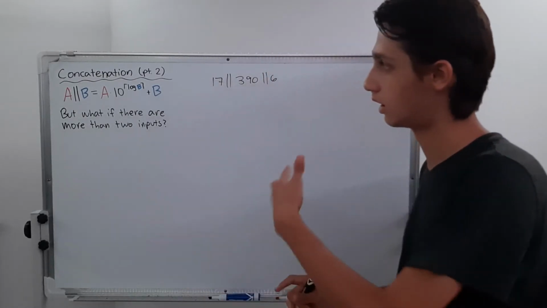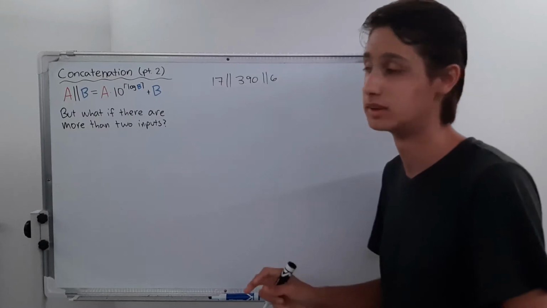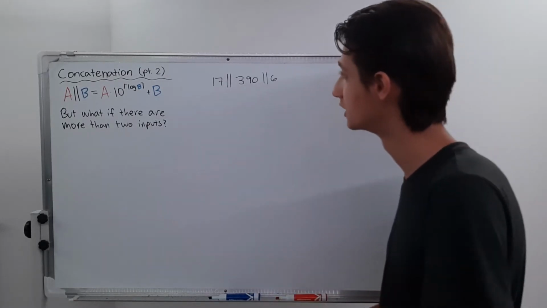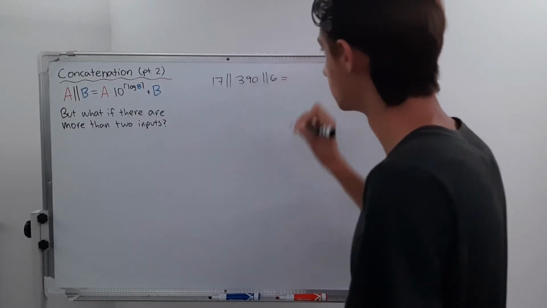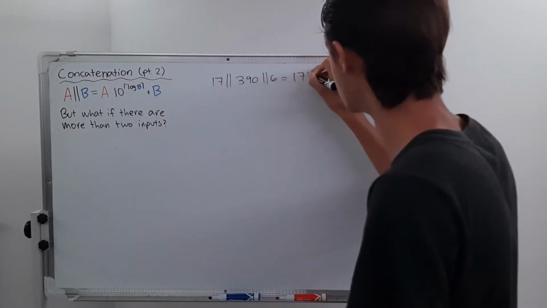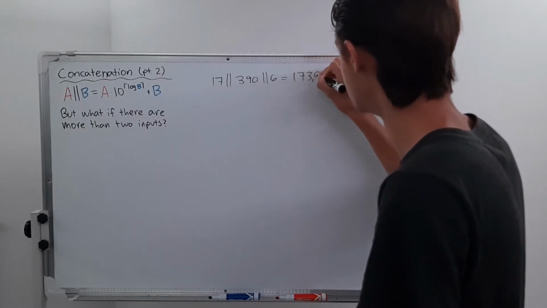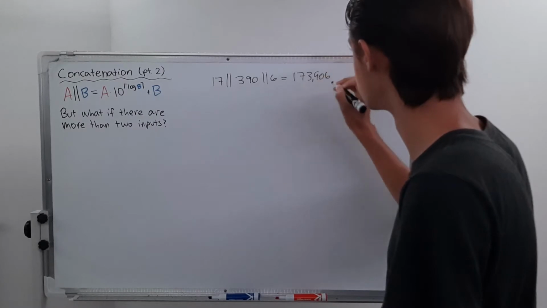If you are unfamiliar with this, I'll leave a link in the description to my first video on concatenation. We obviously know by just looking at this that the result will be 173,906. So that's going to be our final result.